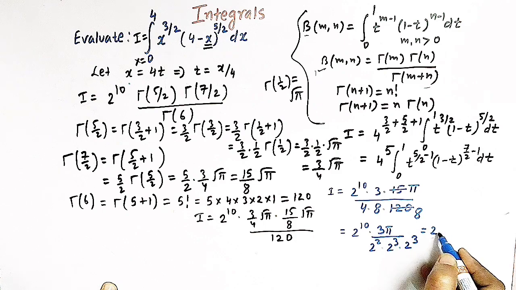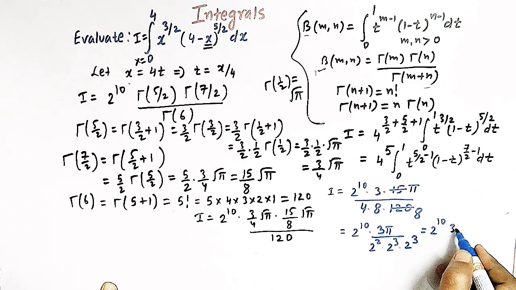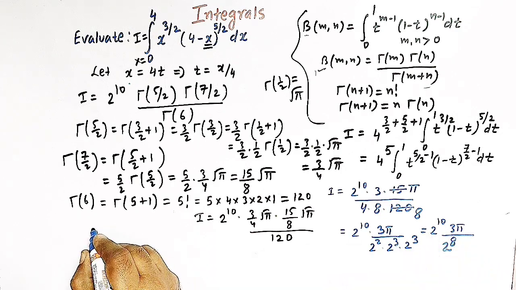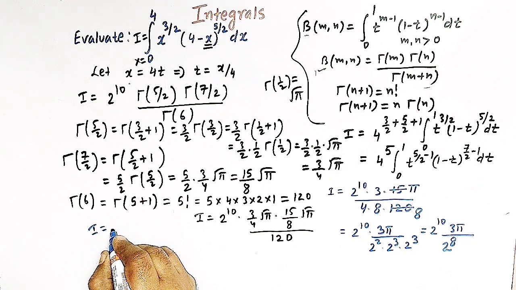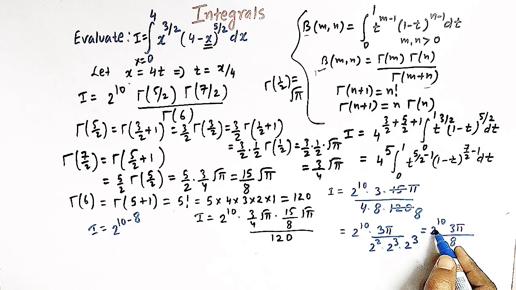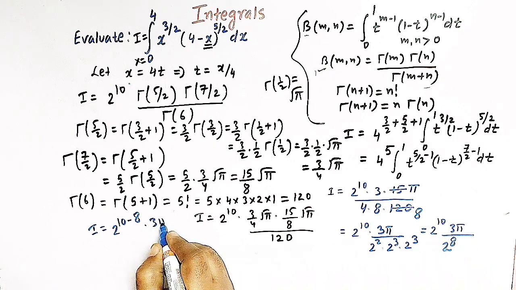So we can now write 2 raised to 10. Here we have 3 pi divided by 2 raised to, again applying the laws of exponents, 3 plus 3 is 6, 6 plus 2 is 8. Right? So now the value of the integral I is 2 raised to 10 minus 8, and then we have 3 pi.